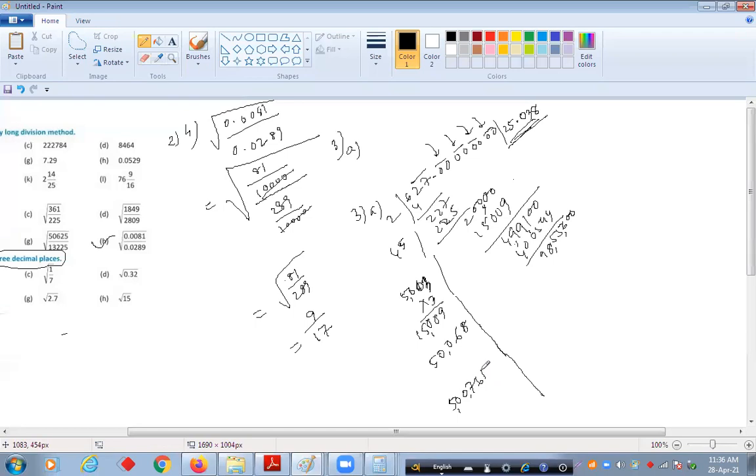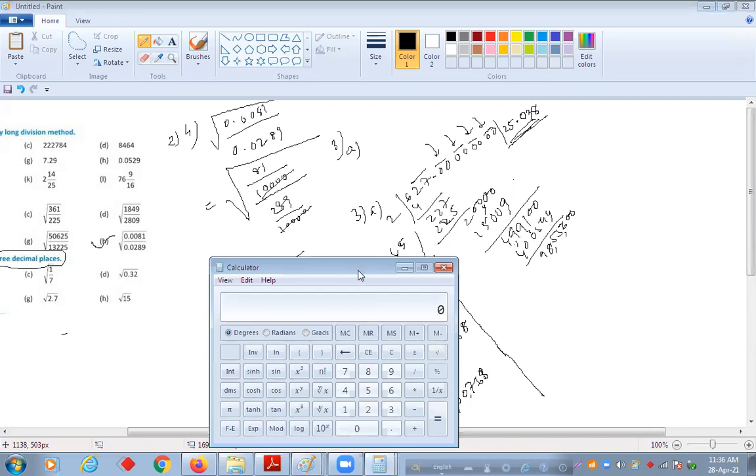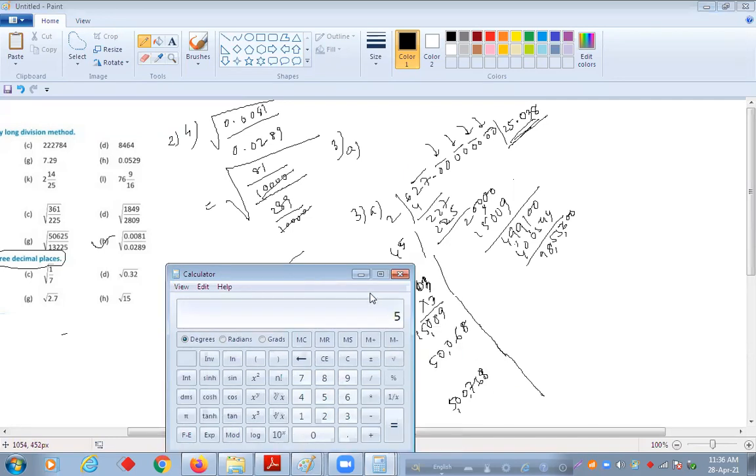Suppose if we take 50, if we take this one as 8, that means how much will it go? We'll do the calculations. 5007.